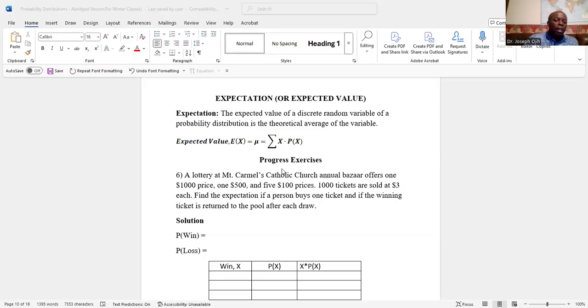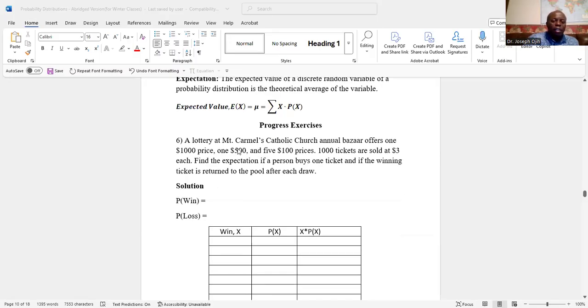It says a lottery at Mount Carmel's Catholic Church annual bazaar offers one $1,000 prize, one $500 prize, and five $100 prizes. So 1,000 tickets are sold at $3 each. Find the expectation if a person buys one ticket and if the winning ticket is returned to the pool after each draw.